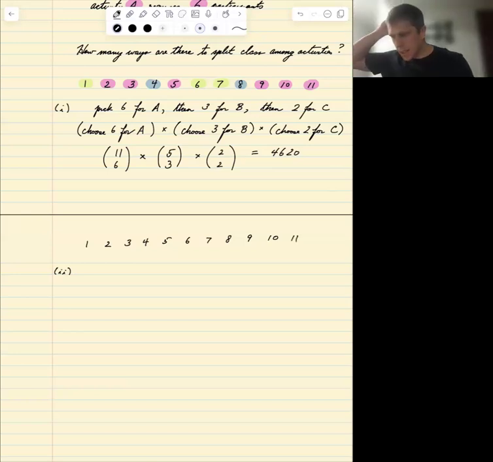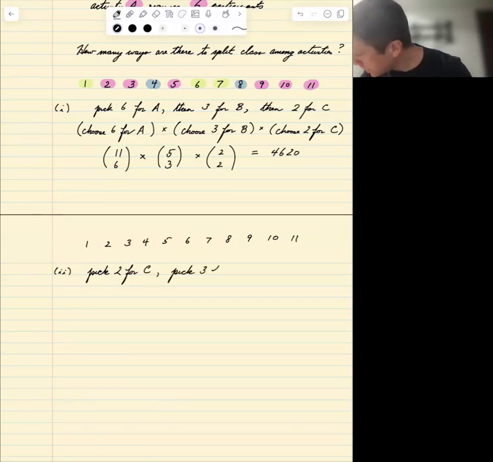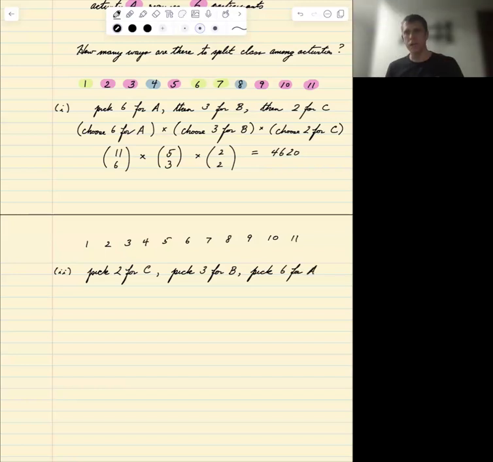But this time what I'm going to do is first pick, just say we pick 2 for C. We pick C first, then we pick B, and then we pick 6 for A. So we pick in reverse order than we did the first time.